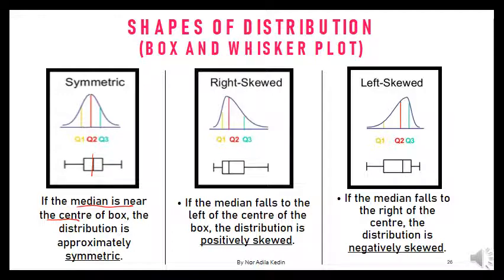Tapi kalau your median falls to the left of the center of the box, then the distribution is positively skewed. Kalau ke sebelah kanan, ataupun macam ni. Kalau this right box lagi besar daripada your left box, skewed to the right. If your left box is bigger than your right box, then it is skewed to the left.